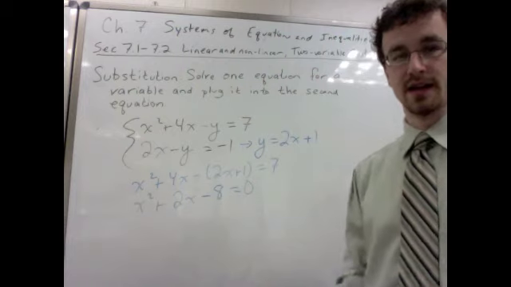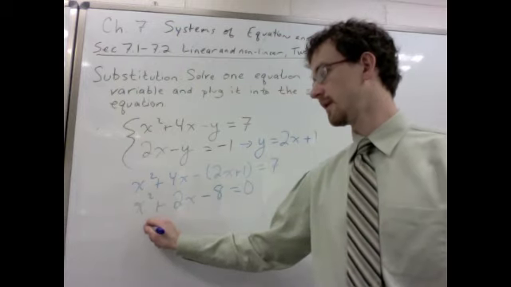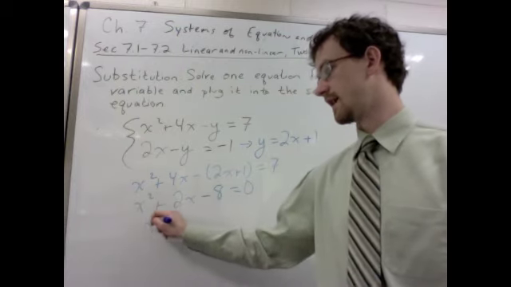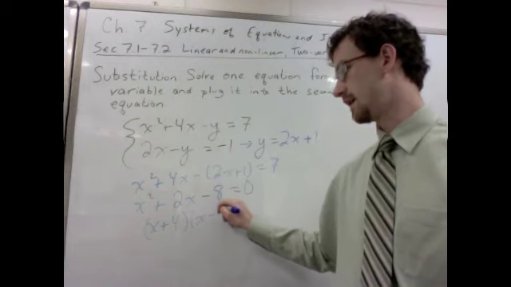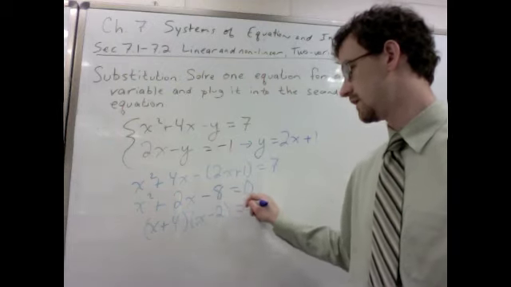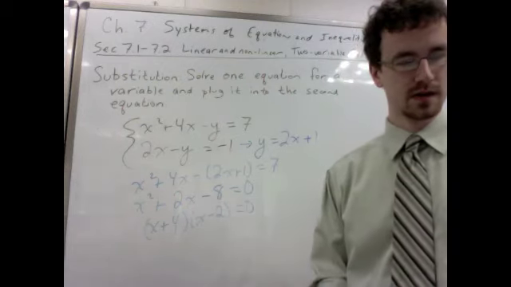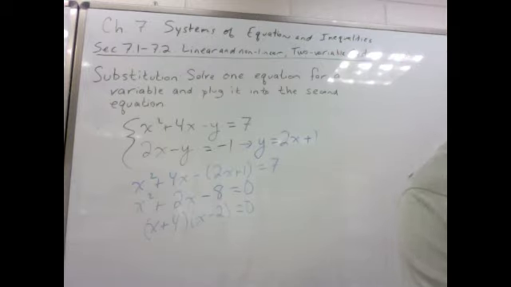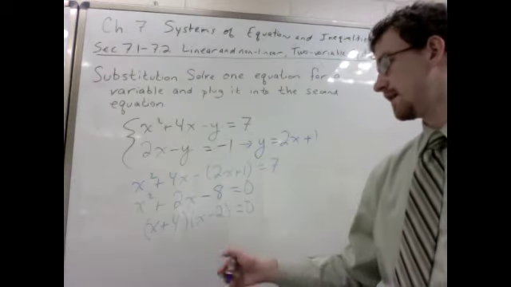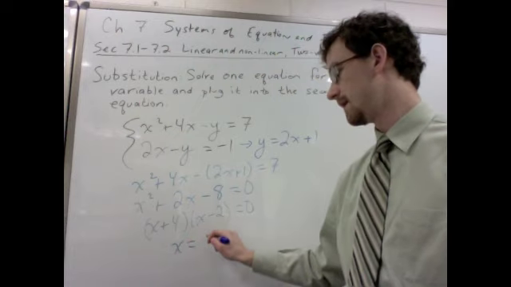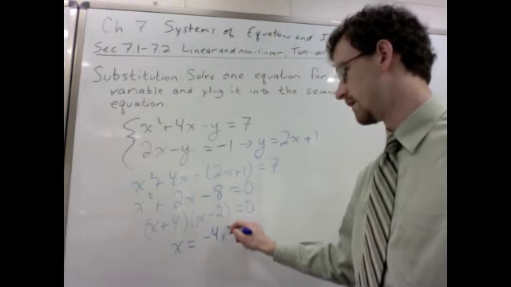Now we have a quadratic in x that we can solve by factoring. This factors into (x plus 4)(x minus 2) equals 0. So our possible values for x are negative 4 and 2.